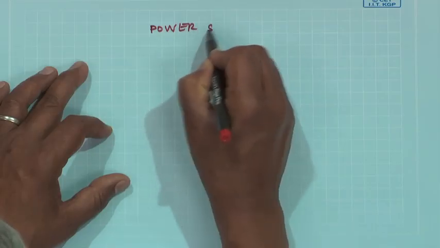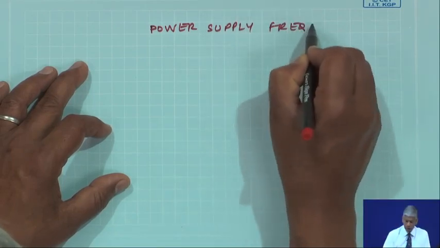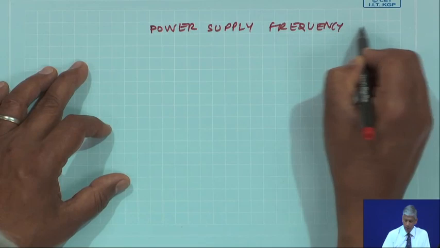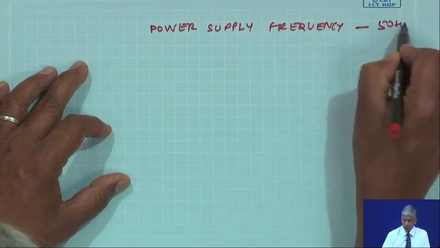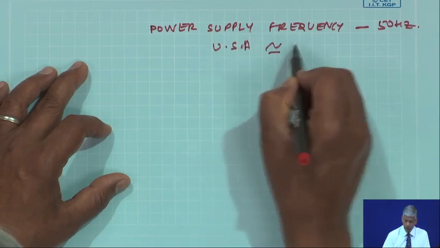But let me tell you, in real life, many of the problems is this power supply frequency, the electrical power supply frequency. In India, it is 50 hertz, elsewhere abroad in US, etc., it is 60 hertz.